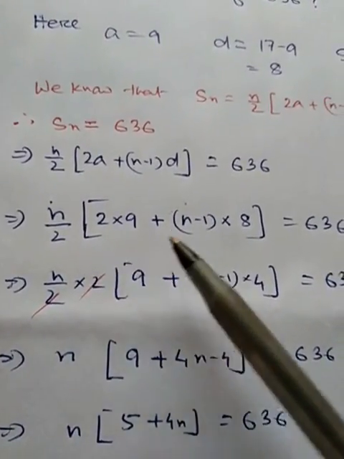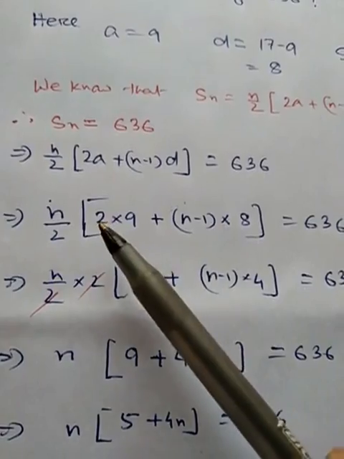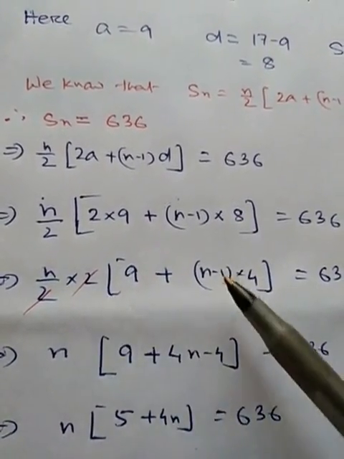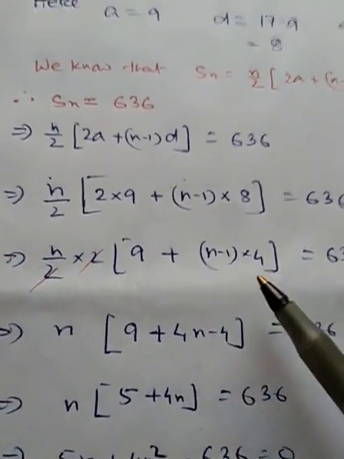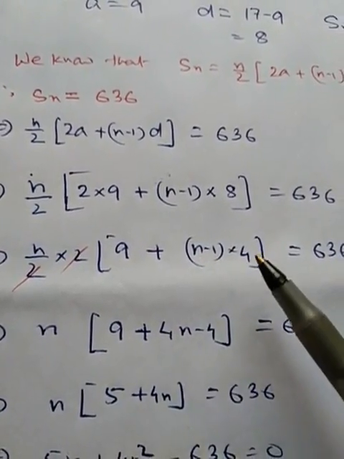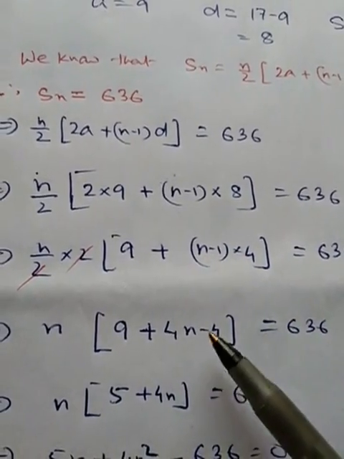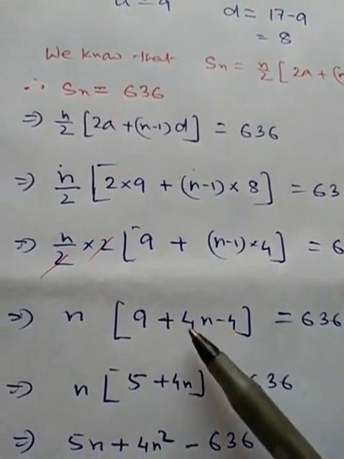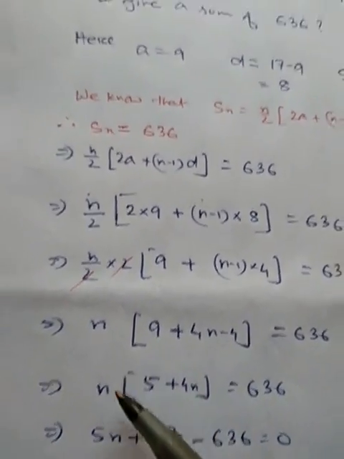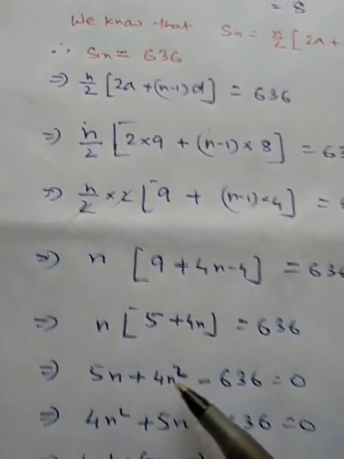Then from this step we take 2 common. This 2 is outside, and from 8 we take 2 outside, so 4 is left. Then 4 is multiplied with n, 4n, and 4 into minus 1 is minus 4. So this simplifies to 9 minus 4, 5, plus 4n, and then we multiply.